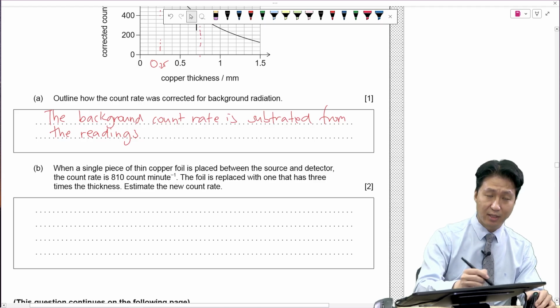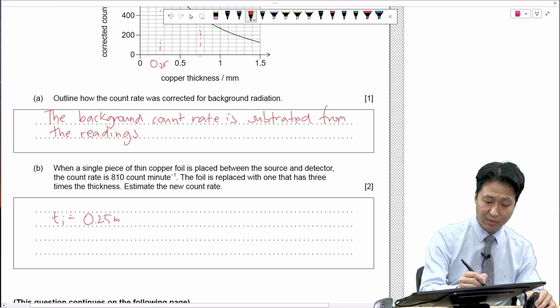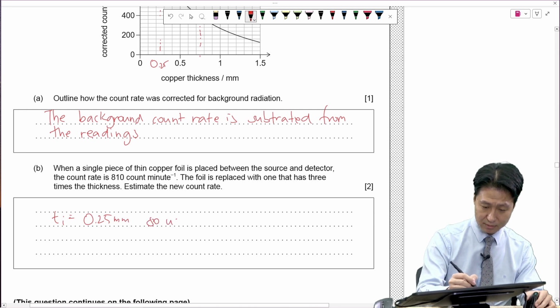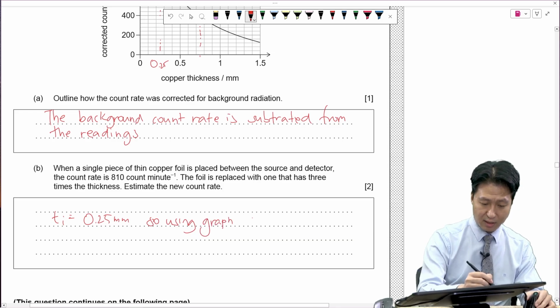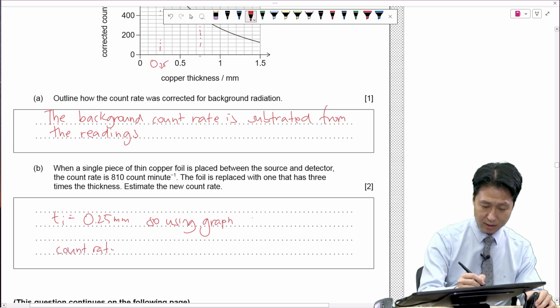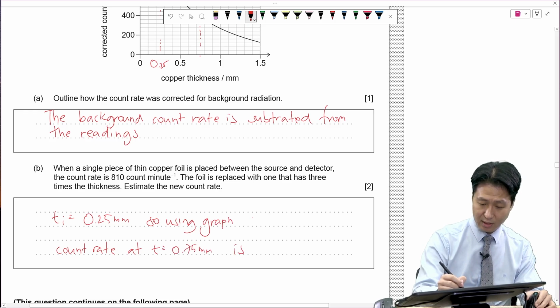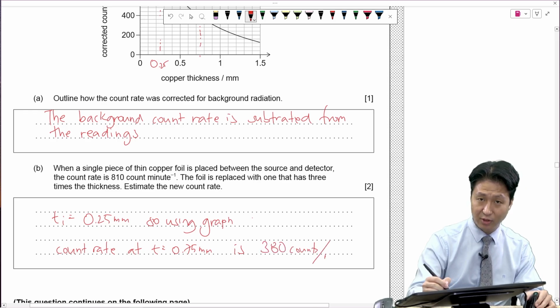So initial thickness is 0.25 millimeters. So using the graph, the count rate at a thickness equal to 0.75 millimeters is approximately 380 counts per minute.